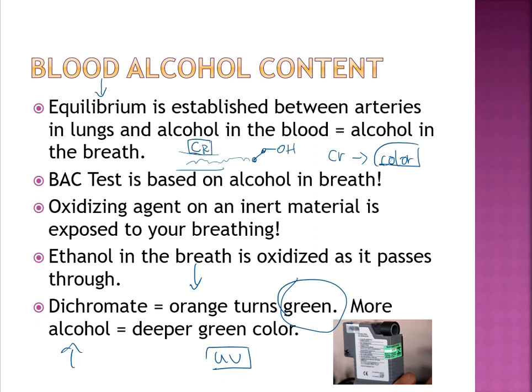It was a chromium-based test that used UV-vis spectroscopy to pick up colors. Chromium that had not been used was an orangey color, and chromium that had been used to oxidize the alcohol changed color to a green. The darker the green, the more alcohol was present on the person's breath. There you go. There's your life lesson for the day.